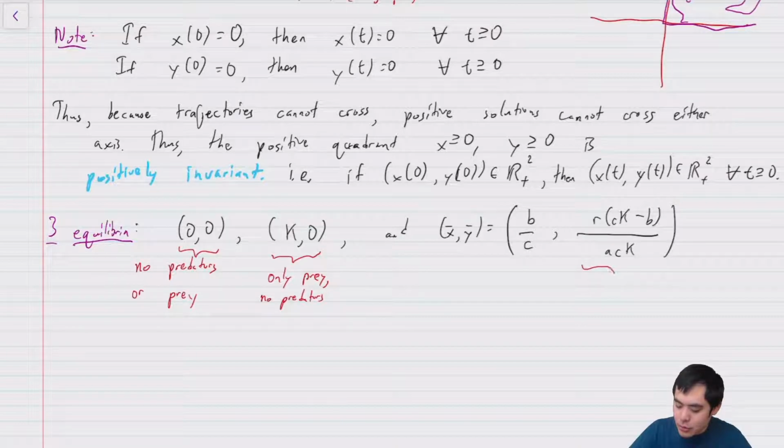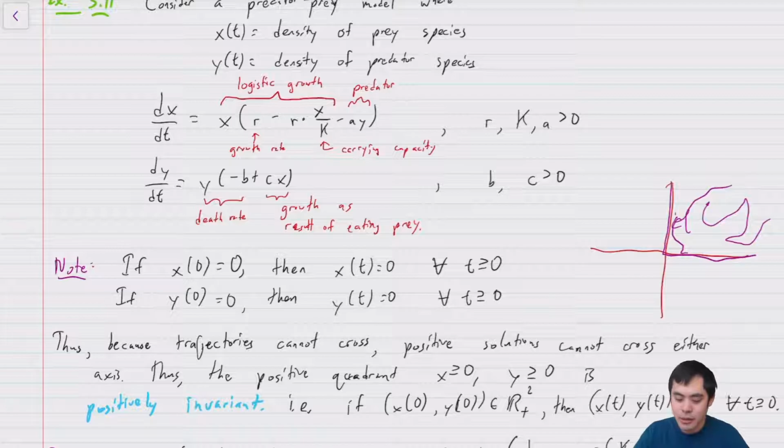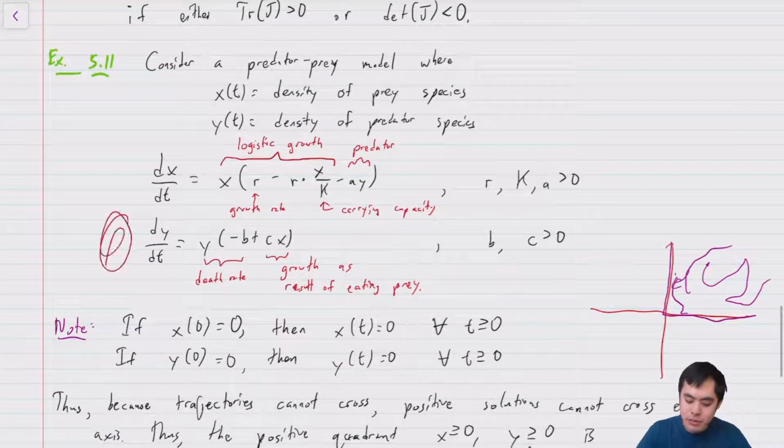And one of the things that we'll notice is that this is positive only if k is greater than b over c. And note that b and c were respectively our death rates and our growth rates in this equation over here.